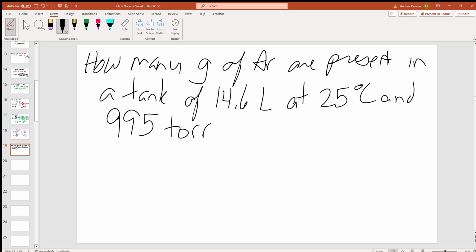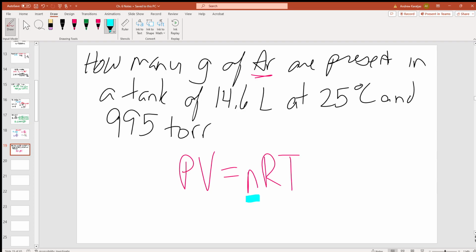So you might be asking, how do we find grams? That doesn't show up in the ideal gas law. And it doesn't. But because we know what the substance is, we know that it's argon, number of moles does show up in the ideal gas law.